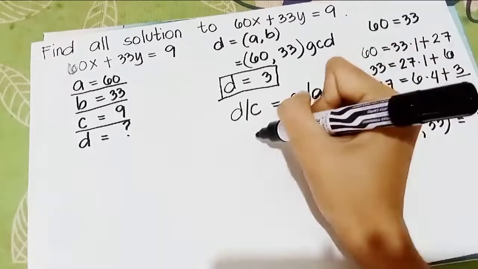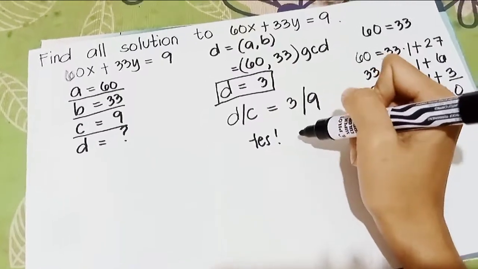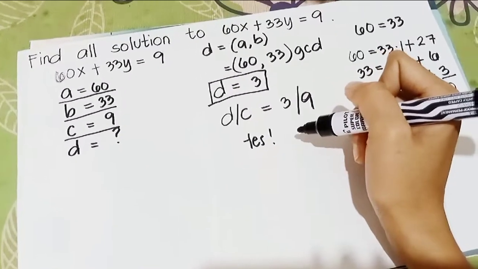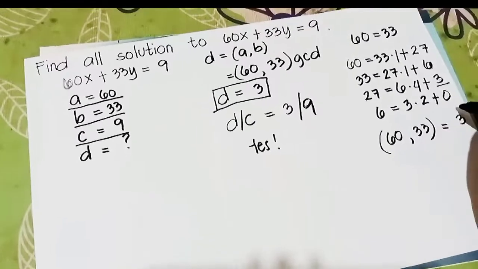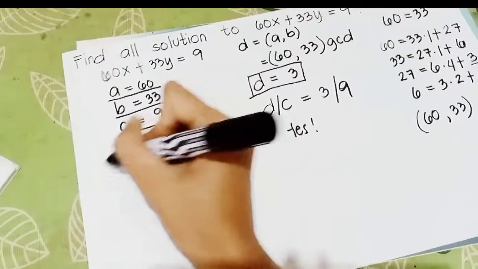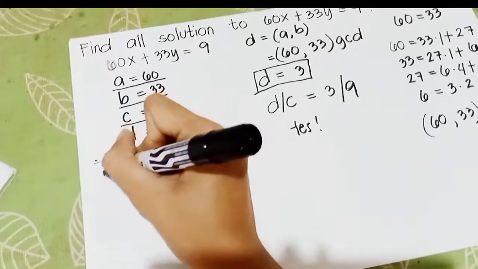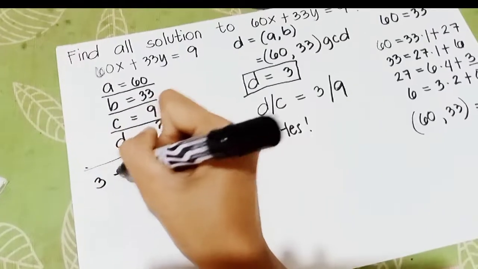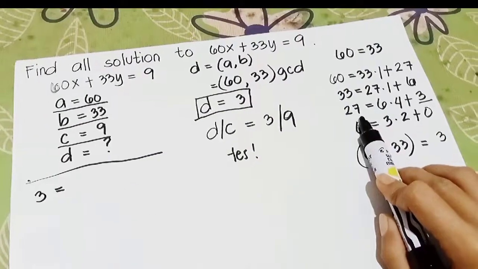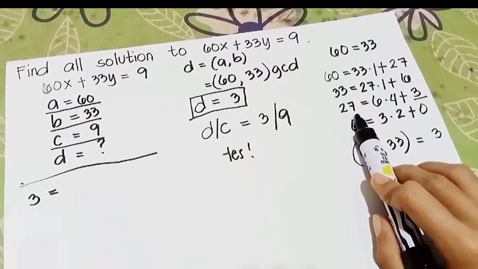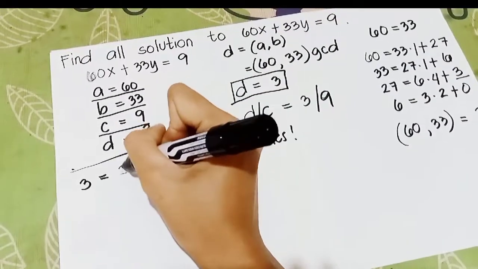So yes, it has many solutions, so we can search for a solution. Let's reverse the steps: 3 equals 27 minus 6 times 4. Reversing the steps so we can find the values of x and y, we write 27 here.